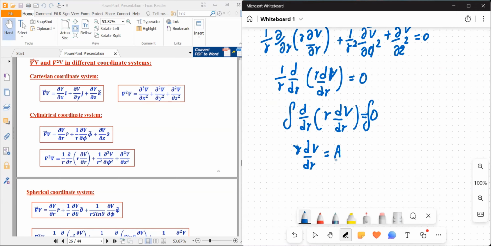Then we are going to divide both sides by r. Then again, we need to integrate this. Then we are going to get potential variation along r is equal to A ln r plus B.